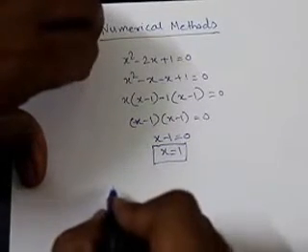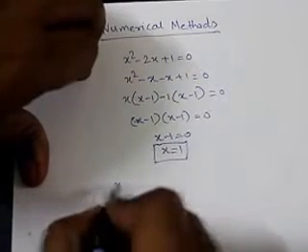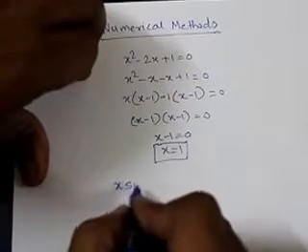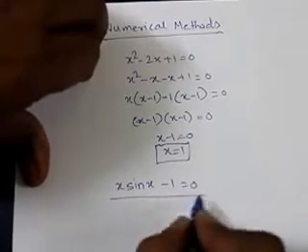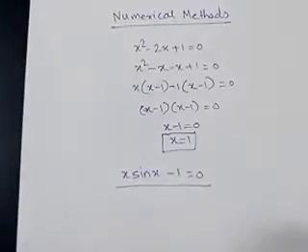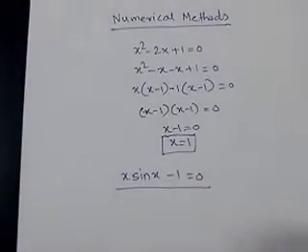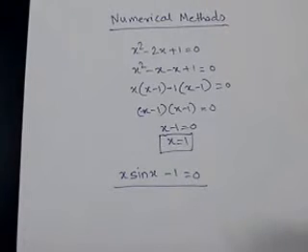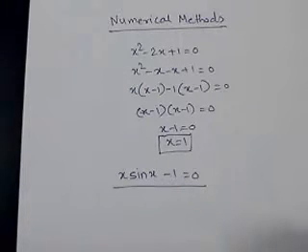But suppose the equation goes something like this, right? If you can very well observe, mostly this kind of equation cannot be solved using any of the analytical methods that we have learned so far, right?